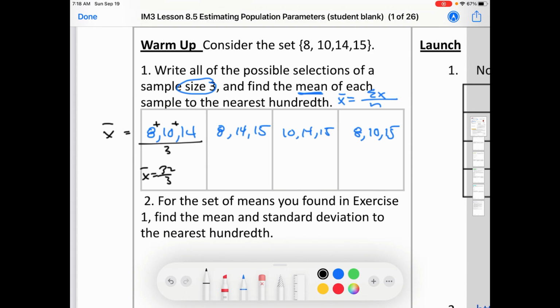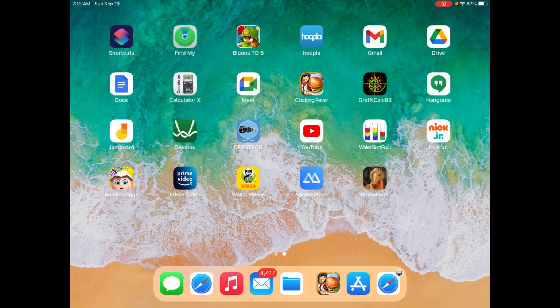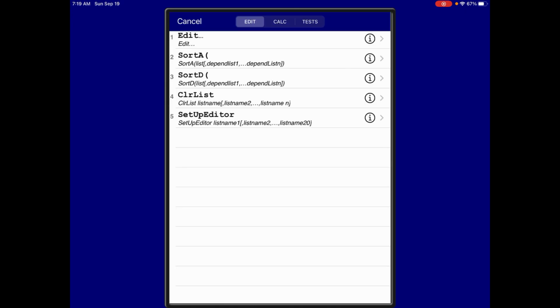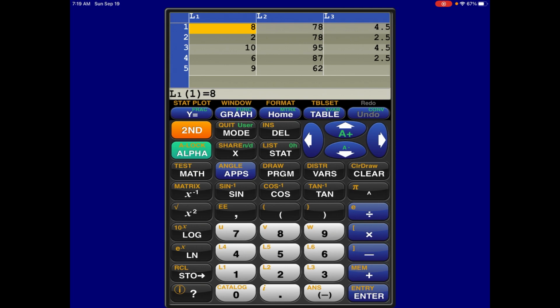Let me take a screenshot, a picture with my cell phone. There it is. Then I'm going to show you. I use this app called Graph and Calc 83 over there by my Cooking Fever. We're going to press the Stat button next to the left arrow, and then press Edit, and then you can go up to the list.